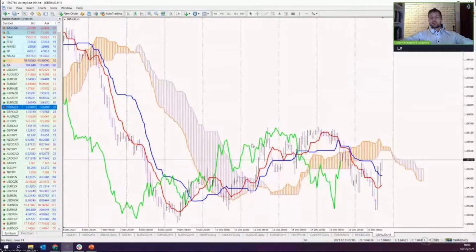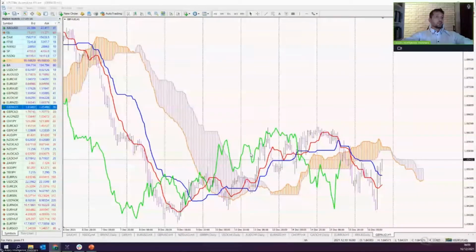So if the price is above the cloud and approaches the cloud from the top, the cloud is considered as a support, and traders assume that the price will bounce from this support. If the price approaches the Kumo, the cloud, from the bottom, we can assume that it will be a resistance. Okay, this is how Kumo works.